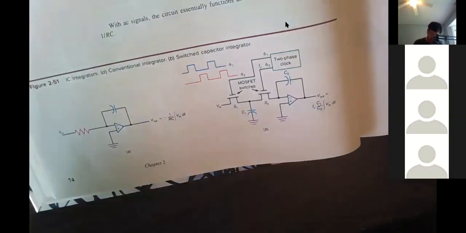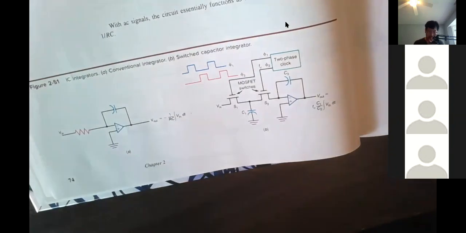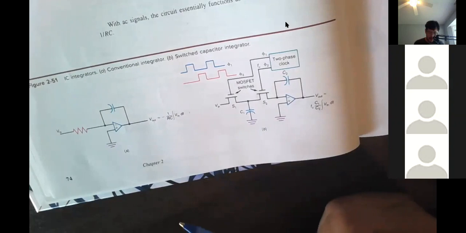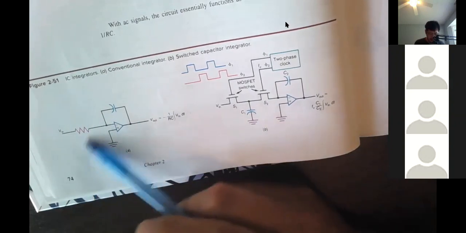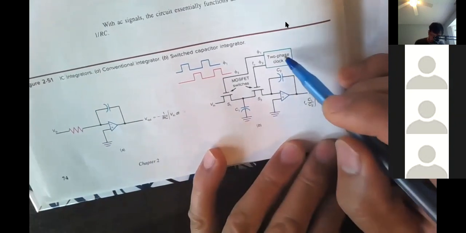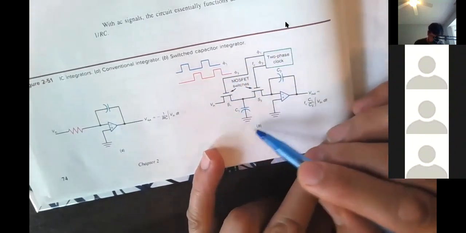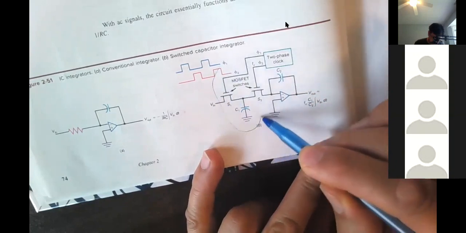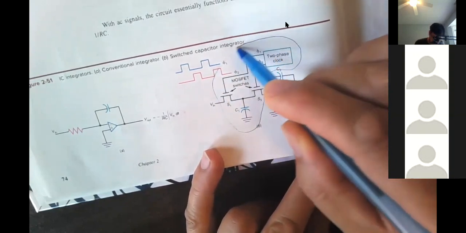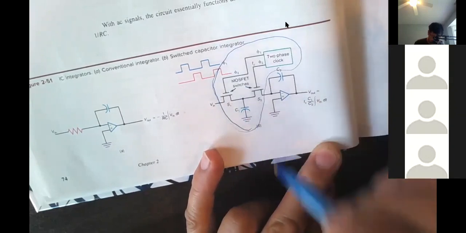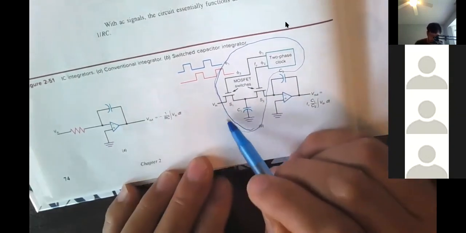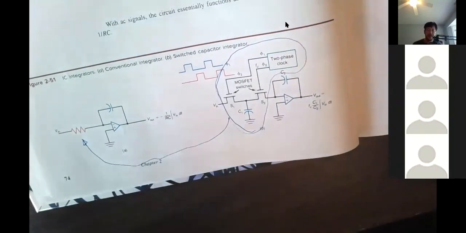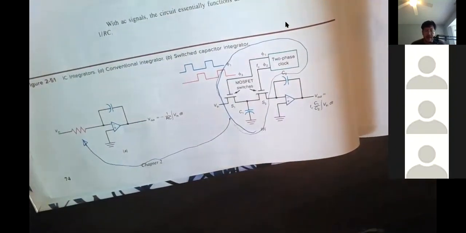So that's the whole point. We actually build a very complicated system just to substitute the resistor. If I draw everything inside this block, everything inside replaces a single resistor.